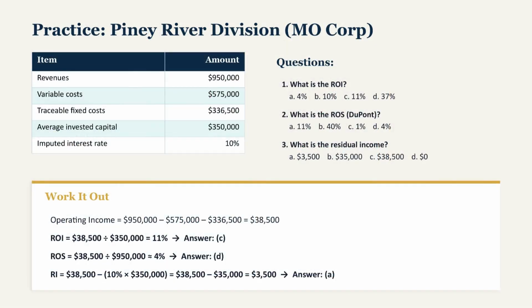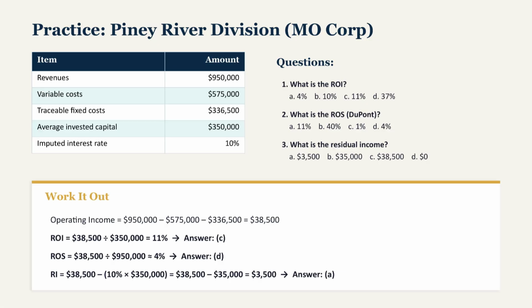Let's tackle a practice problem for Piney River Division of MO Corporation. With revenues of $950,000, variable costs of $575,000, fixed costs of $336,500, and average invested capital of $350,000 at a 10% rate, operating income is $950,000 minus $575,000 minus $336,500, or $38,500.